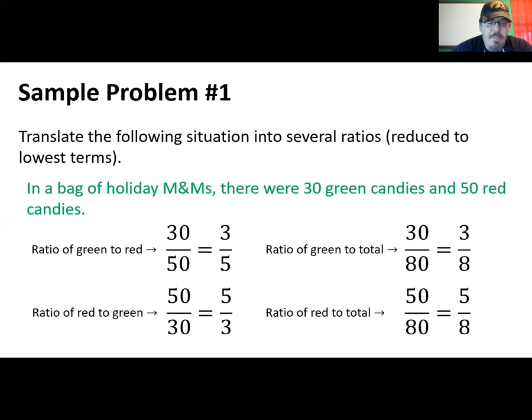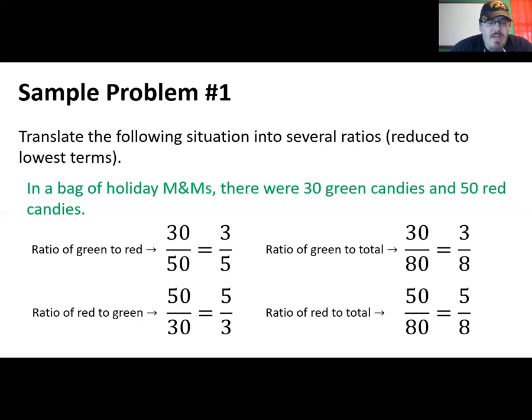So the key thing I want you to get out of this example problem is the idea that when you write your ratios, there's several ways that you can set them up depending on how you want to compare things. You can compare the two groups, the greens and the reds in this case, to each other, but you can also compare one of the groups to the total, if that makes sense for your particular problem.